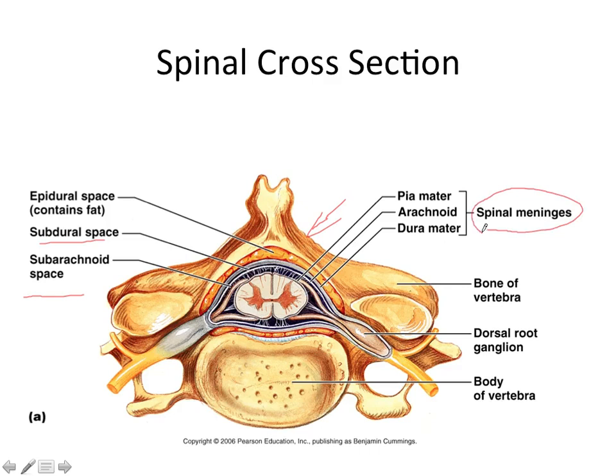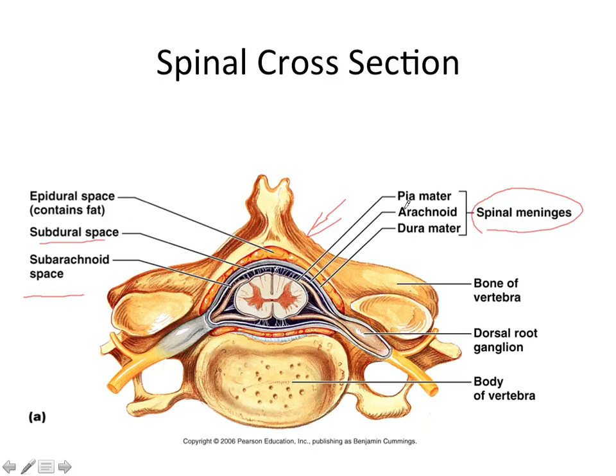Briefly, the spinal cord is covered by several layers, three membrane layers. All three membranes together are called the spinal meninges.